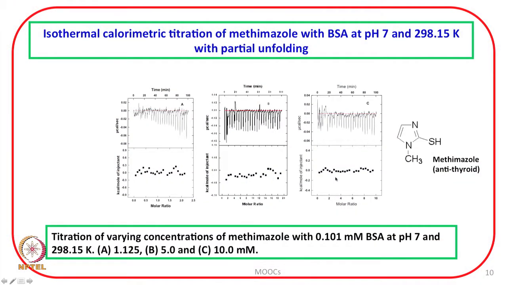What was observed is that even if the surfactant was added at different concentrations, still the binding observed was almost nil. There was no change in the binding profile. These results suggest that methimazole, which is an antithyroid drug, does not bind to serum albumin. Therefore, serum albumin is not a good transporter or carrier of this drug in the bloodstream.